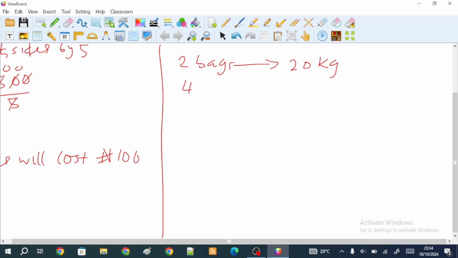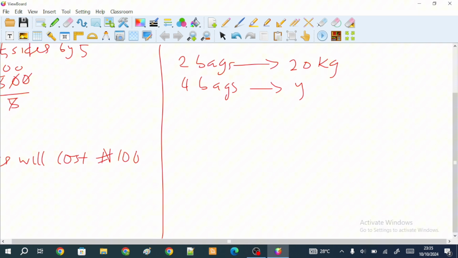So we write 4 bags, put an arrow. We do not know. Remember, you can use any letter, but since I'm already using Y, no need using every letter. Y is enough for me. You can use X, you can use B, you can use P, whatever you like.